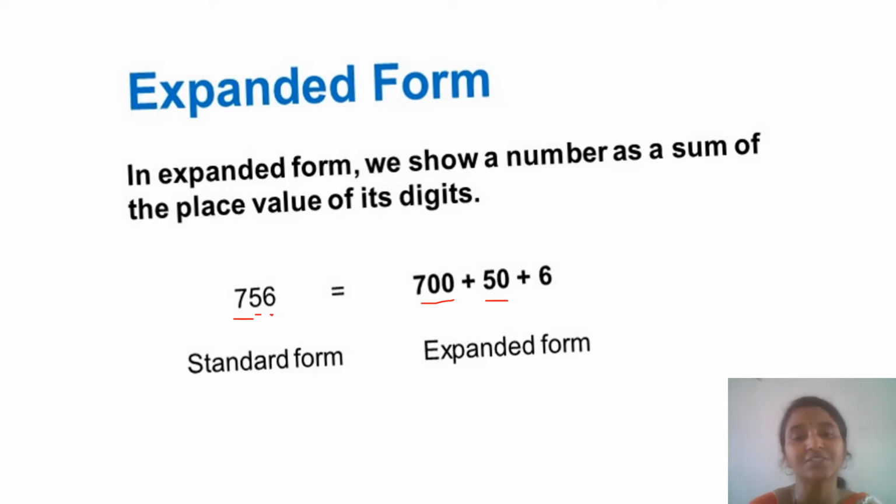As it is in ones place, it is 6 only. Writing the number like this, 756, is standard form. As I told you, this is a short form, and it is the standard form to express a number. In expanded form, we write the place values of its digits. This is called the expanded form.